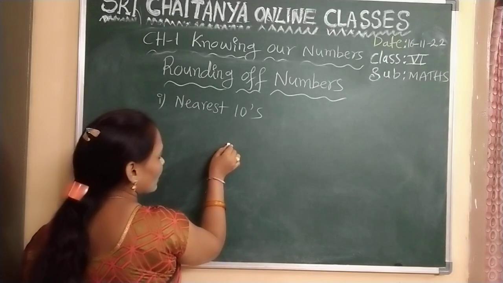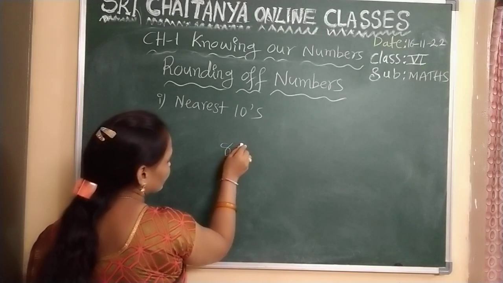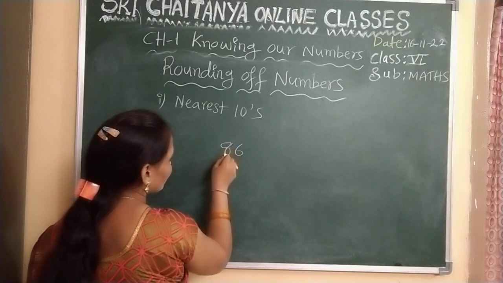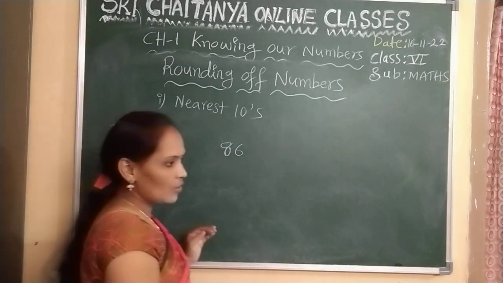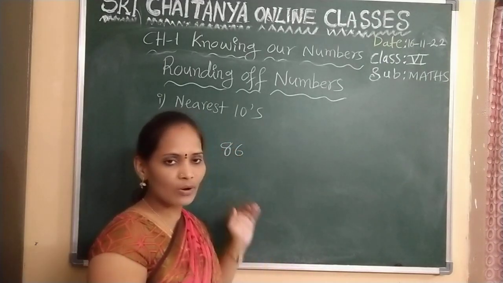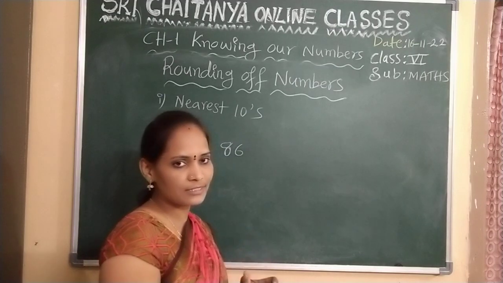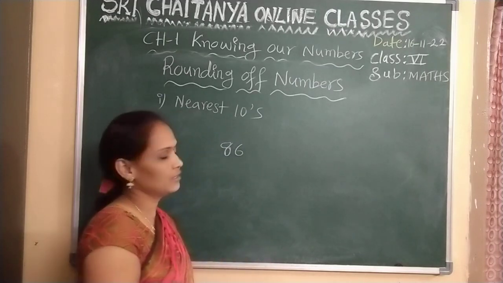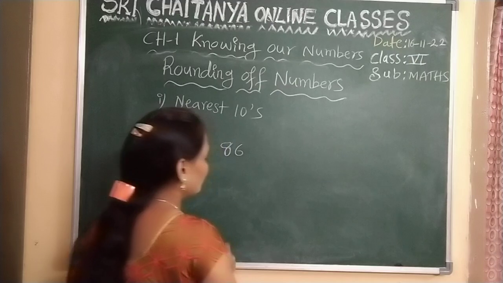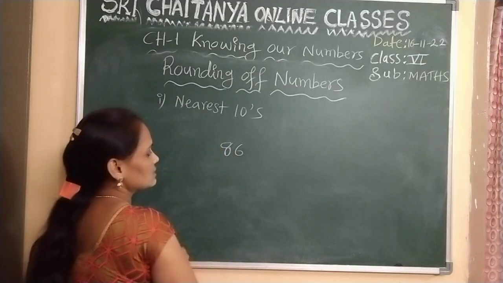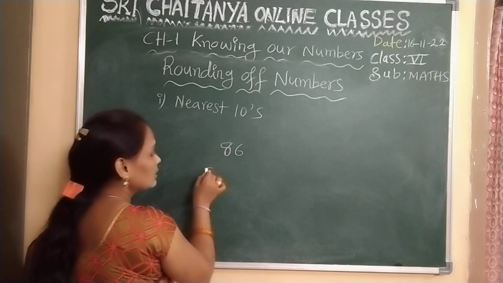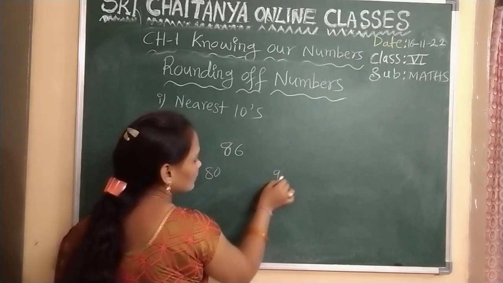Suppose one number is given, 86. Now how to round off this 86 to its nearest tens? Very simple. 86 lies between 80 and 90.